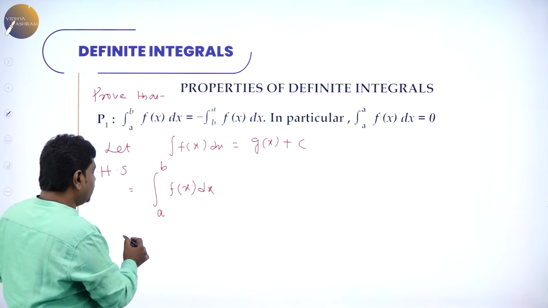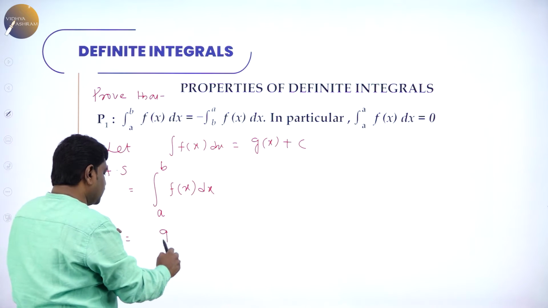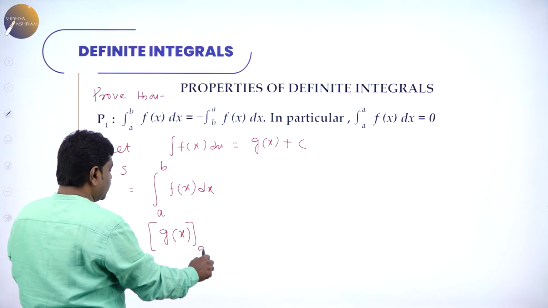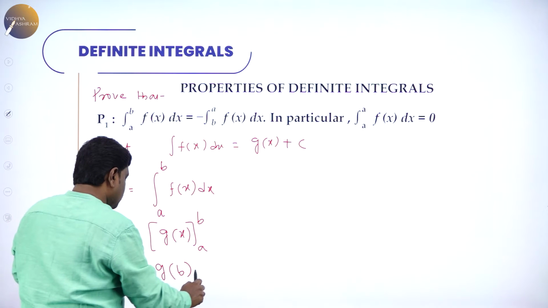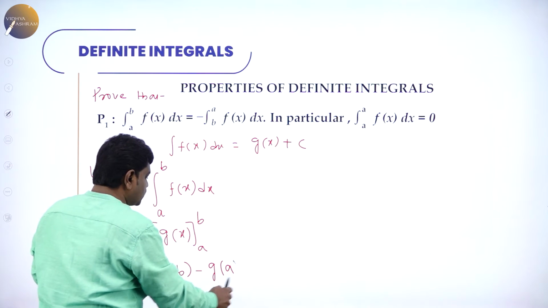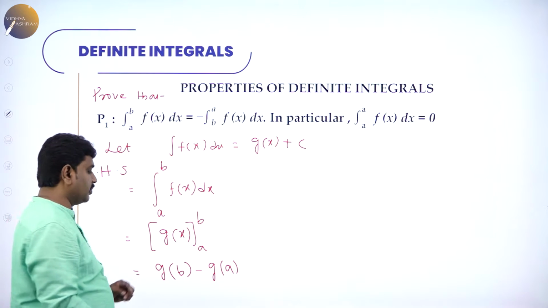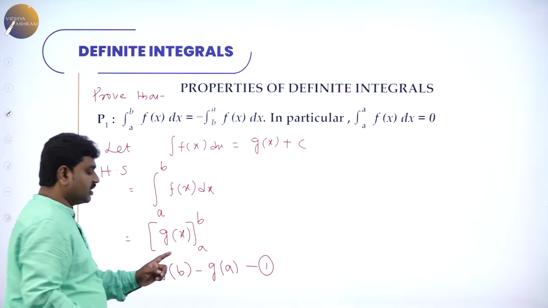So now integration of a to b f of x means what? First you integrate. When you integrate, you will get what? G of x. This is our assumption. Then from where to where? A to b. So apply upper limit minus lower limit. What is upper limit? G of b minus g of a. Upper limit minus lower limit means what? In the place of x put upper limit, minus in the place of x put lower limit. So now you got LHS. LHS is what? G of b minus g of a.